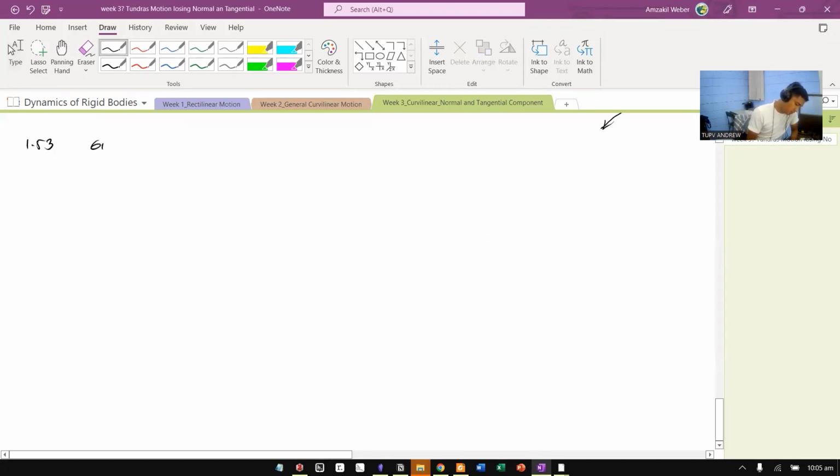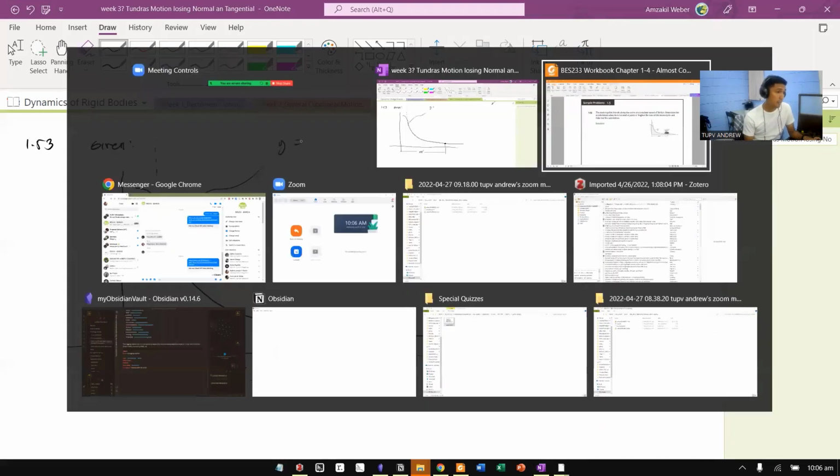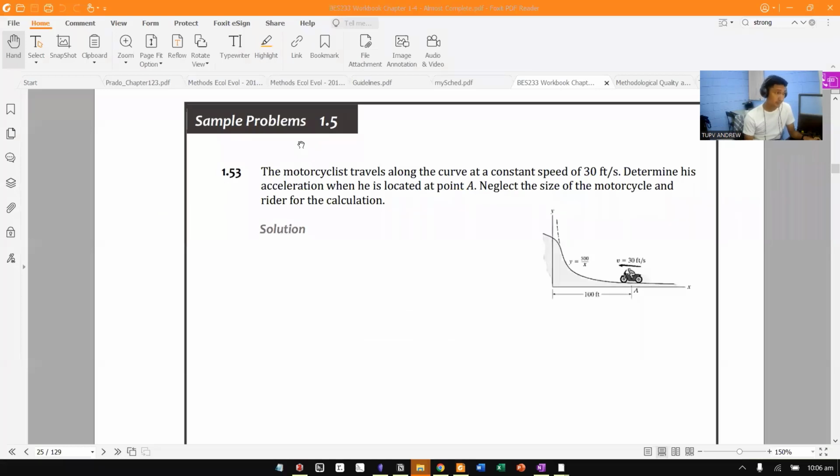Okay, so let's draw an idealized particle. So this is 100 feet, and this function is y equals 500 over x.